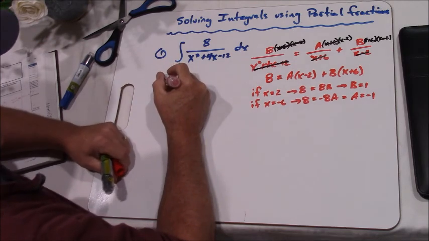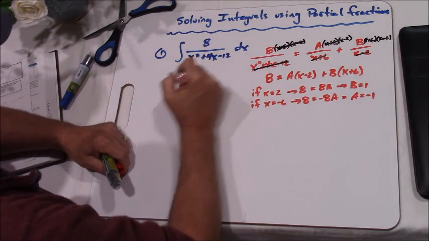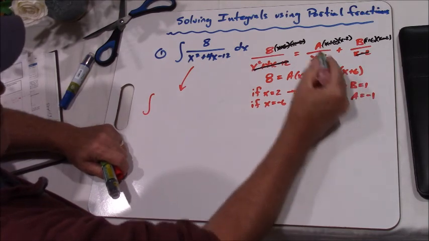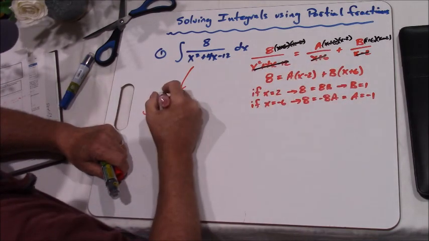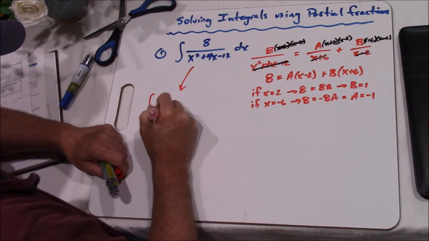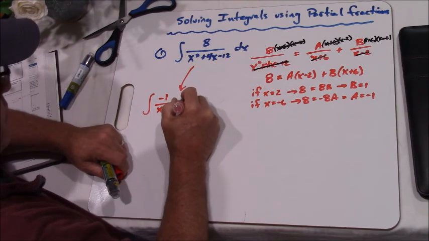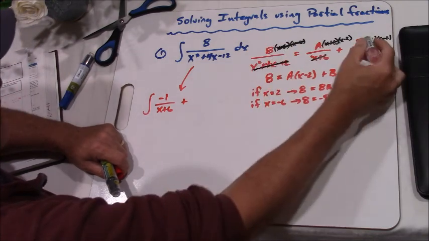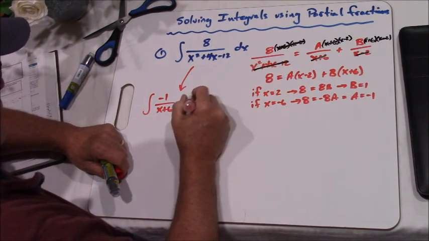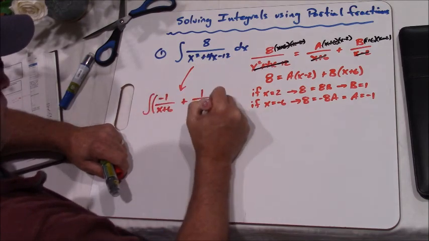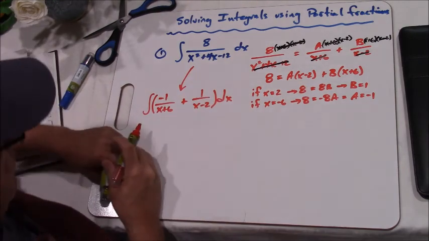So now what I have is I've got the integral of negative 1 over x plus 6 plus 1 over x minus 2 dx.